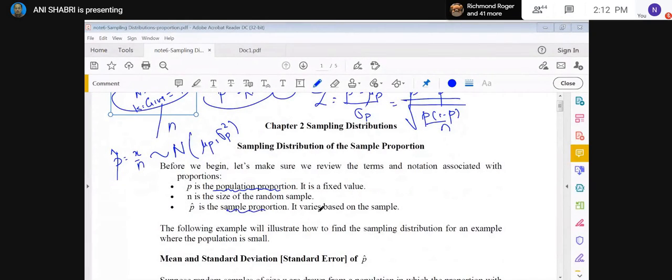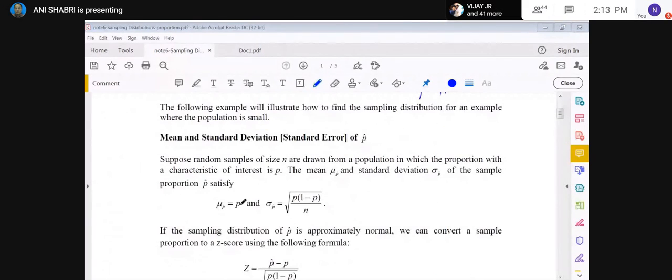Normally we can use K divided by N. If you look at the hypergeometric, we use K divided by N, and some books use X or S divided by N. It is the proportion. The mean is equal to P and the variance is P times Q divided by N.